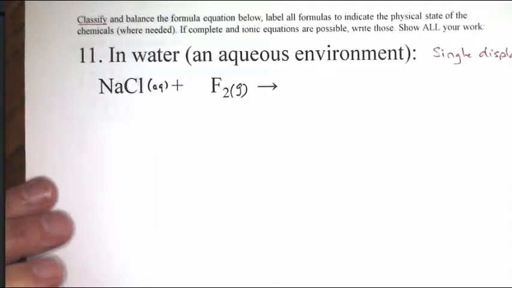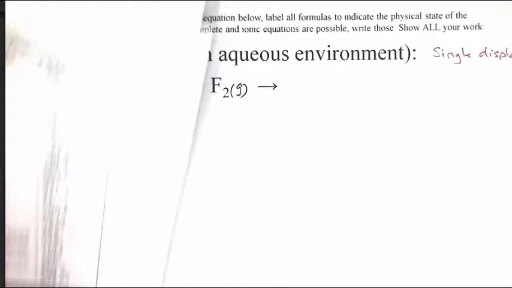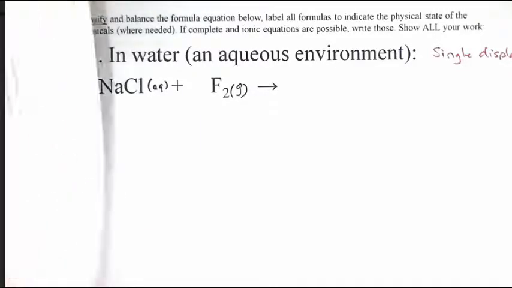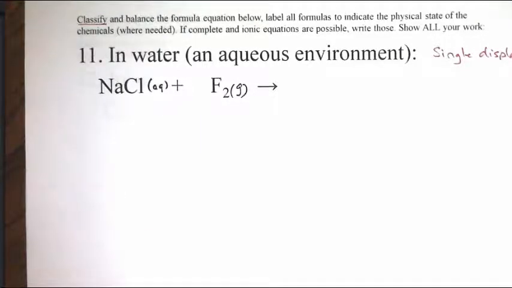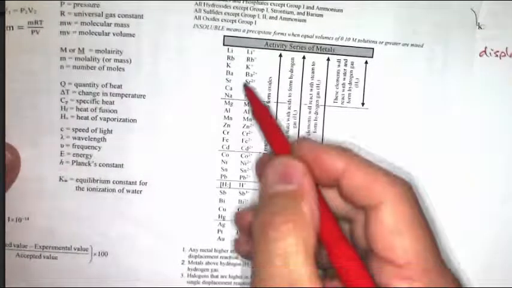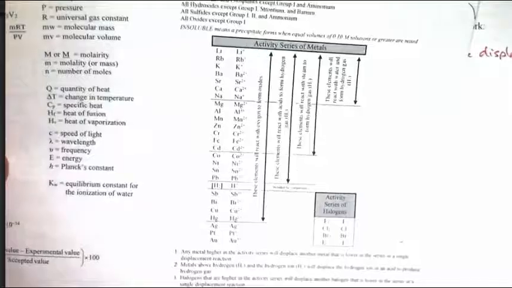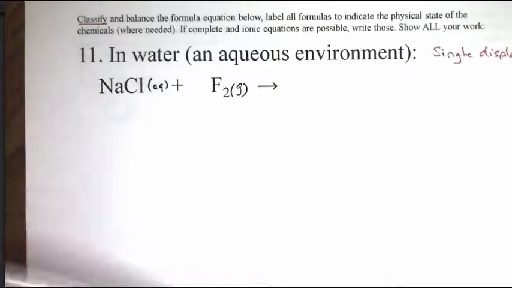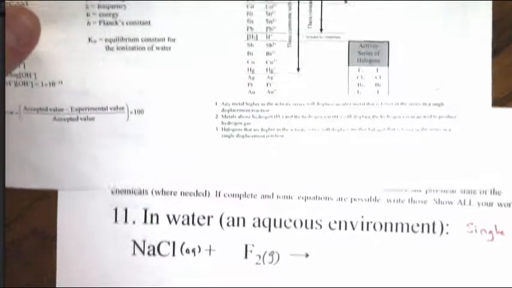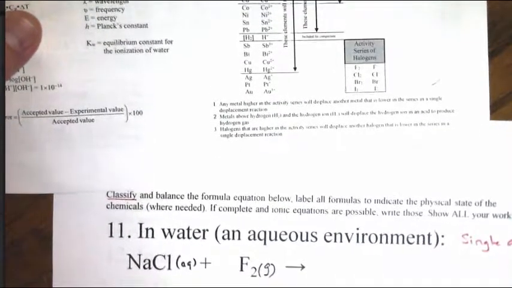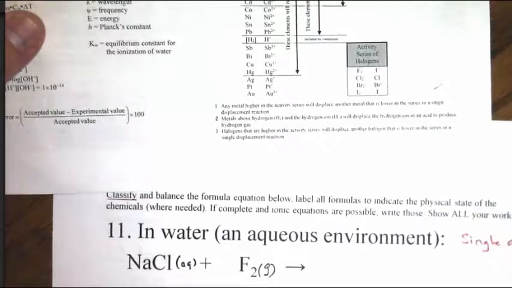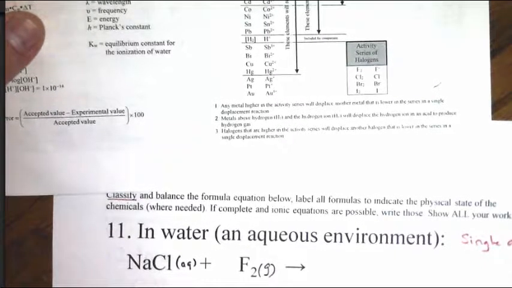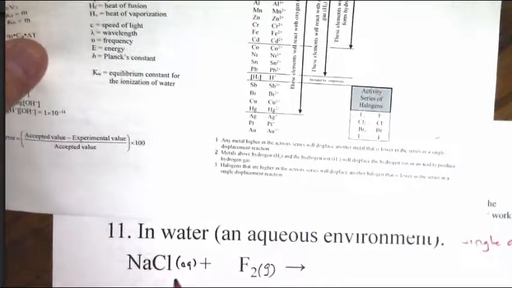Look at the activity series. You determine whether single displacement reactions are going to occur using the activity series. And how do we use the activity series? What are we looking for? To see if F is higher than Na. Okay, if F is higher than Na. Really?